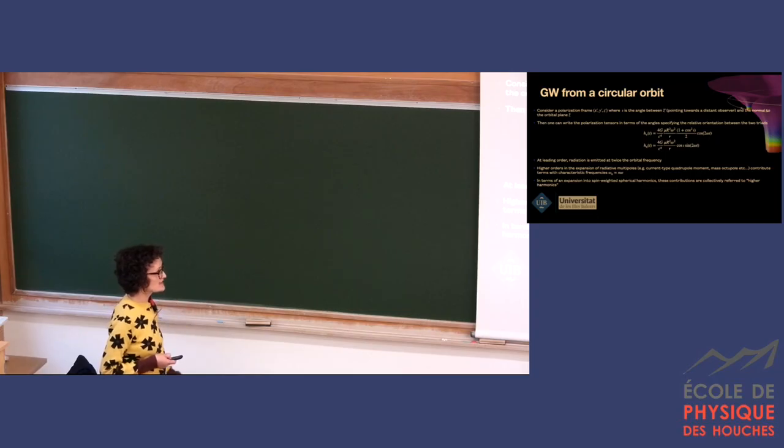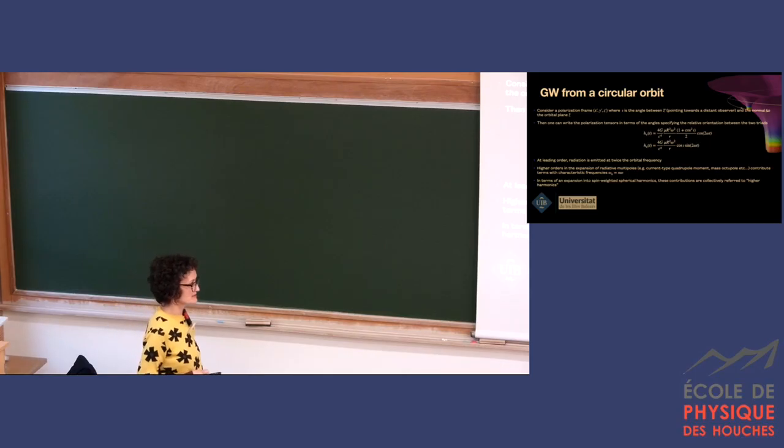And so if I arrange all of these terms in an expansion into spin-weighted spherical harmonics, which is the expansion normally used for waveform modeling, for instance in data analysis, then I can group all of these contributions coming from higher orders in my expansion into what are normally called higher modes, or higher harmonics. These are very important, especially when you have high SNR signals, but already in LIGO, really, because depending on the inclination of the source, they can give a significant contribution.